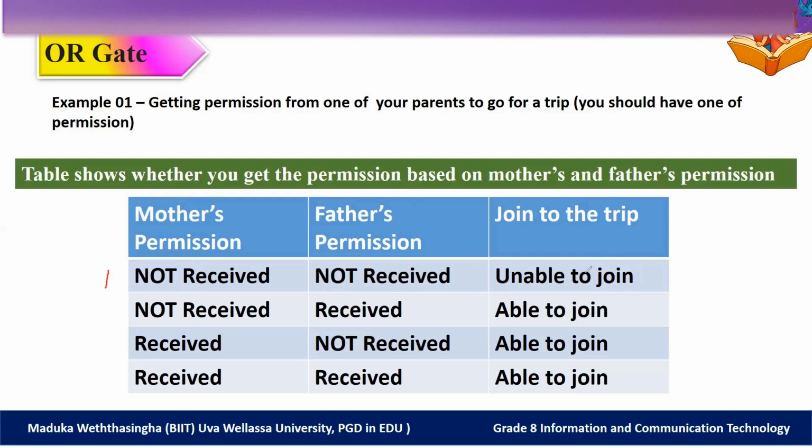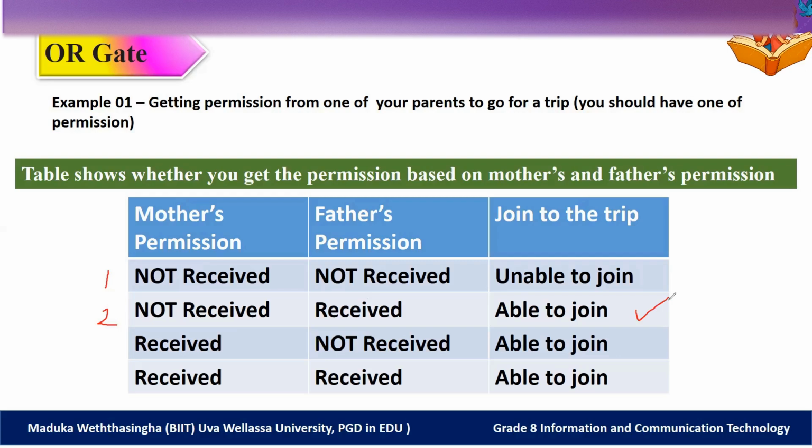Therefore, you won't be able to join the trip. When we consider the second situation, your mother will not give the permission. But your father said, yes, you can go. It means you have one permission. Then you will be able to join the trip.